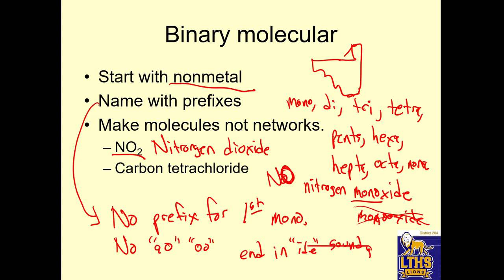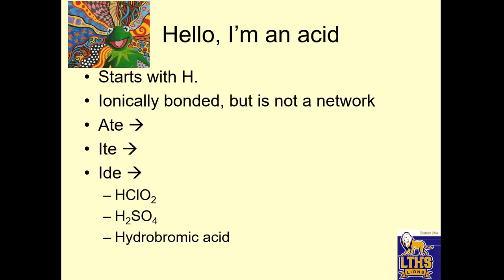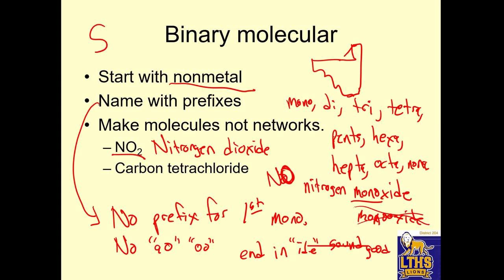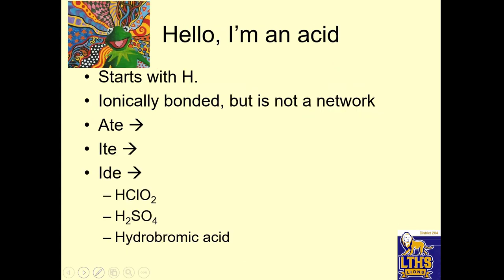I know that sounds impossible to be really the rule, but it works. So if I have sulfur, sulfur is sulfide. If I have nitrogen, is that nitrogenide? Is that nitrowide? Is it nitride? Of course it's nitride. So if you just play around with the words, you'll find the ones that sound best.